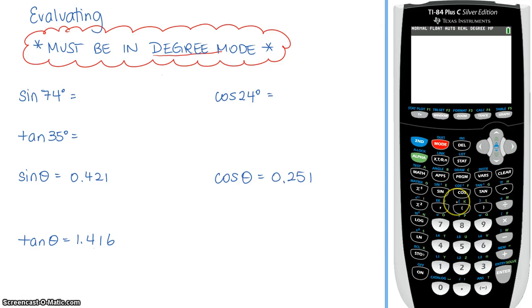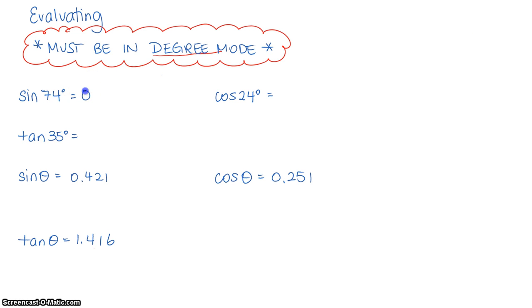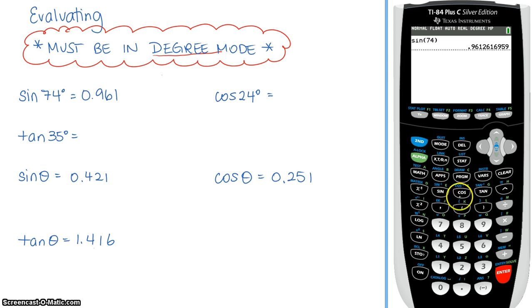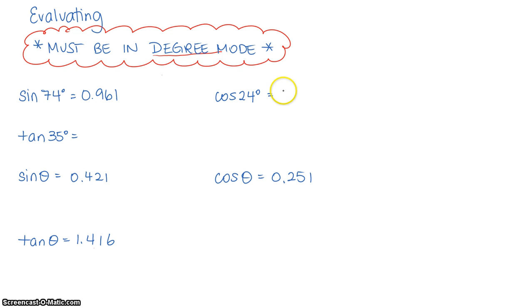So second quit to get out of your mode. Sine of 74, sine 74 degrees, enter. It will give me a decimal approximation of the ratio. So 0.961 is approximately what you will get here. If we want to do cosine of 24, your ratio is 0.914, let's say.